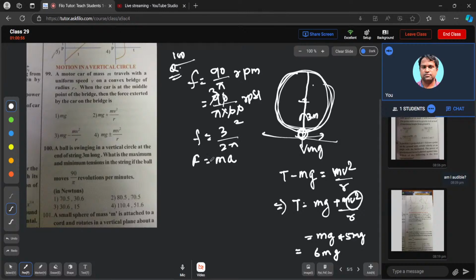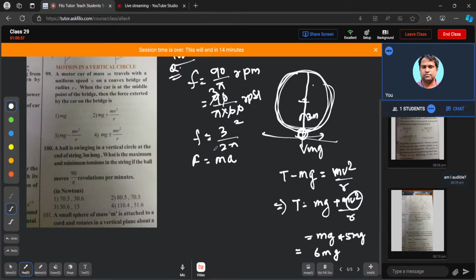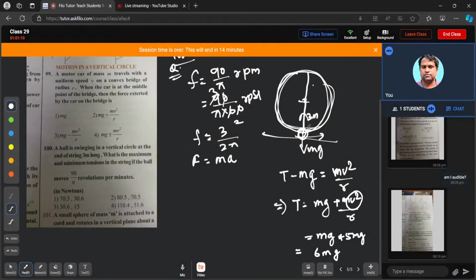So time period is 1 by frequency, so time period you will get 2 pi by 3. So this is the frequency and time period you are getting.